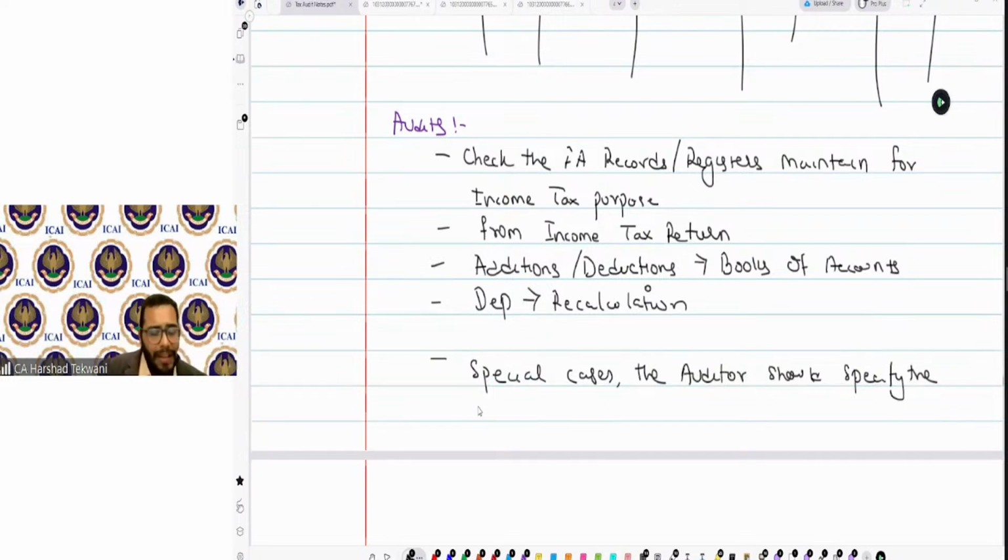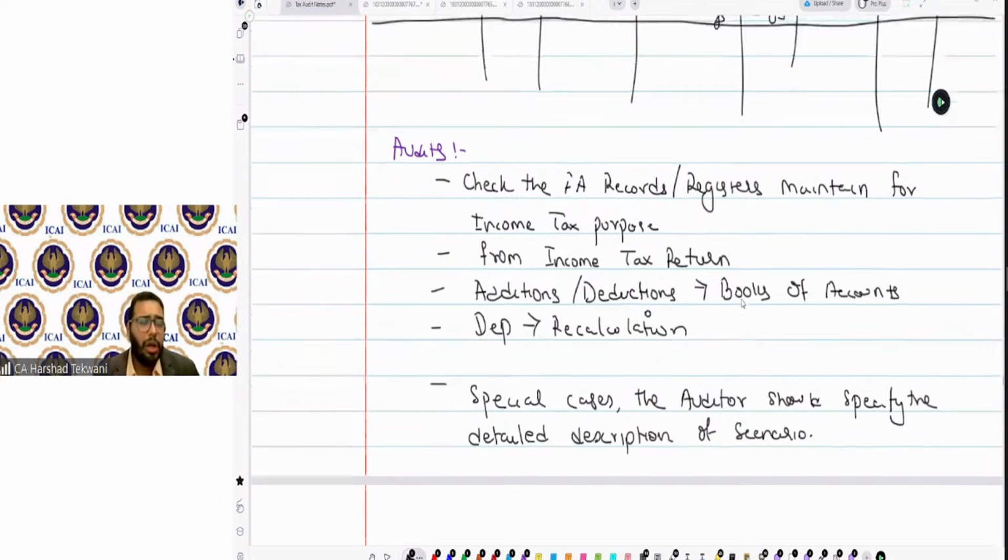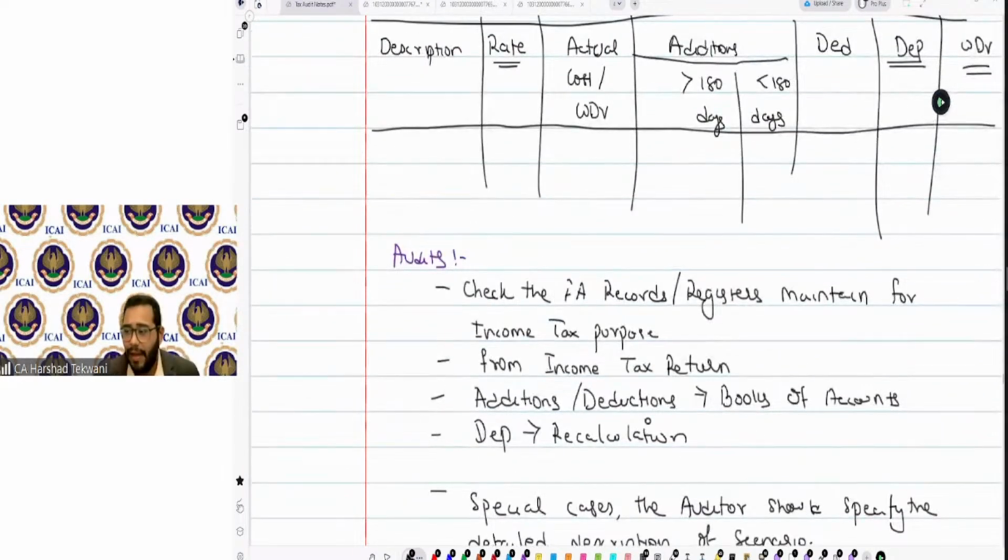Okay. Should specify the detailed description of the scenario. When I say special cases, it means you have taken additional depreciation, there is additional deduction, addition, something like that. So in those cases, you need to specify the detail appropriately.